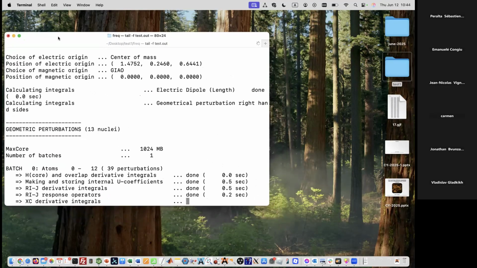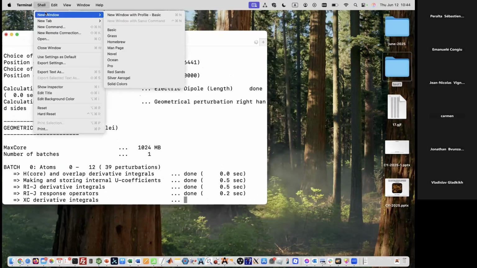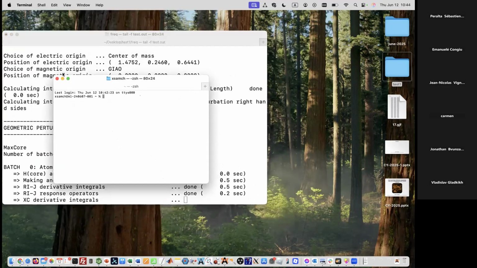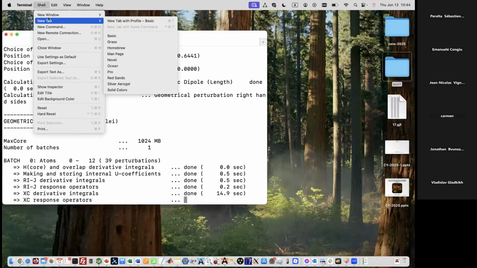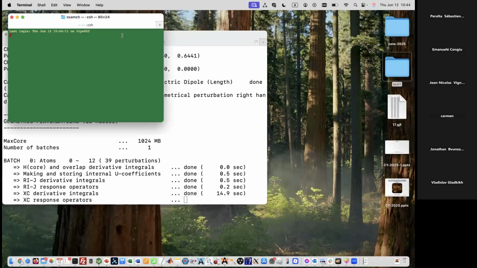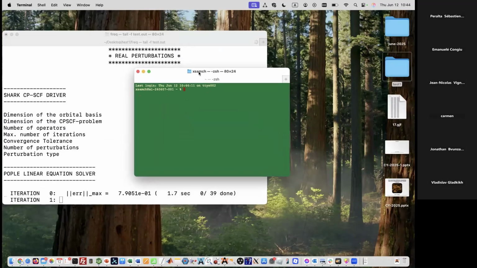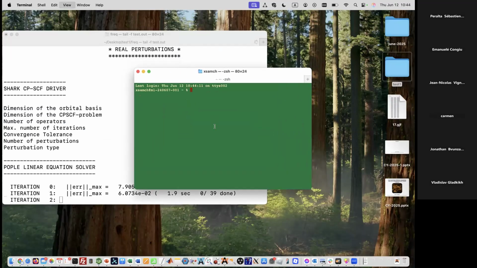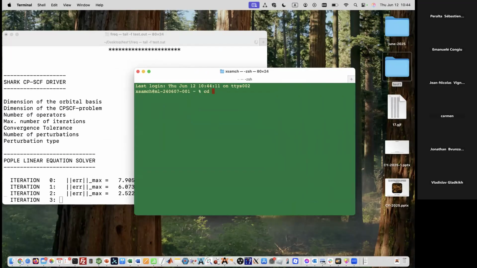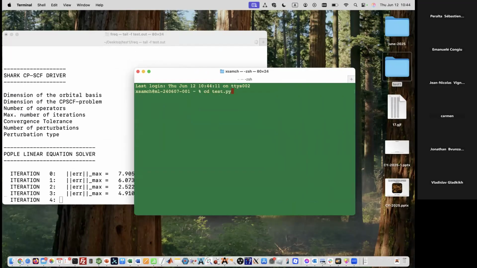While it is finishing, I will tell you a trick. If you want to make your life easier, it's better to do the optimization and frequency calculation at the same time.